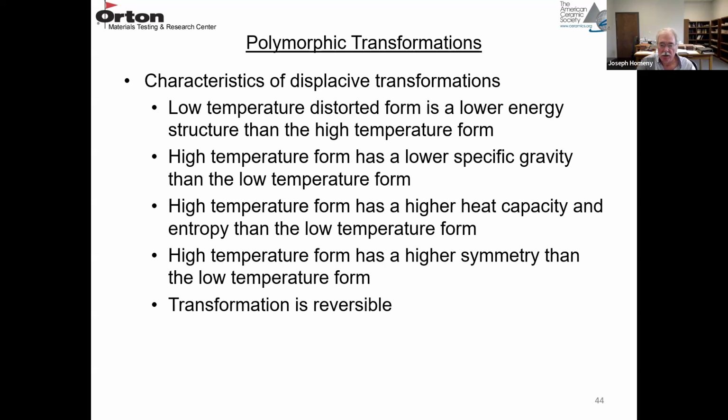And there's a volume change associated with that. It disrupts the structure, it forms microcracks in the microstructure, and it lowers the strength. So every time you go through these displacive transformations, you're going to have a change in crystal structure, whether you increase the temperature or decrease the temperature.